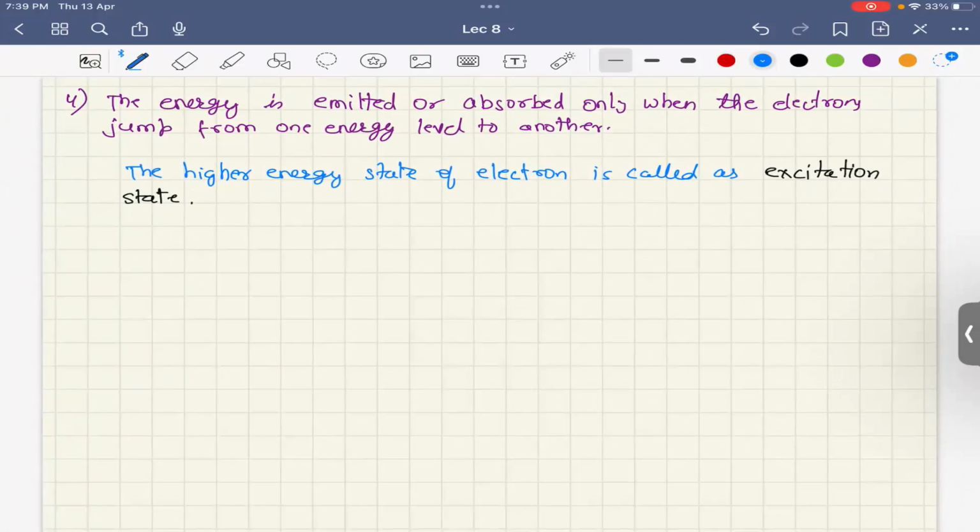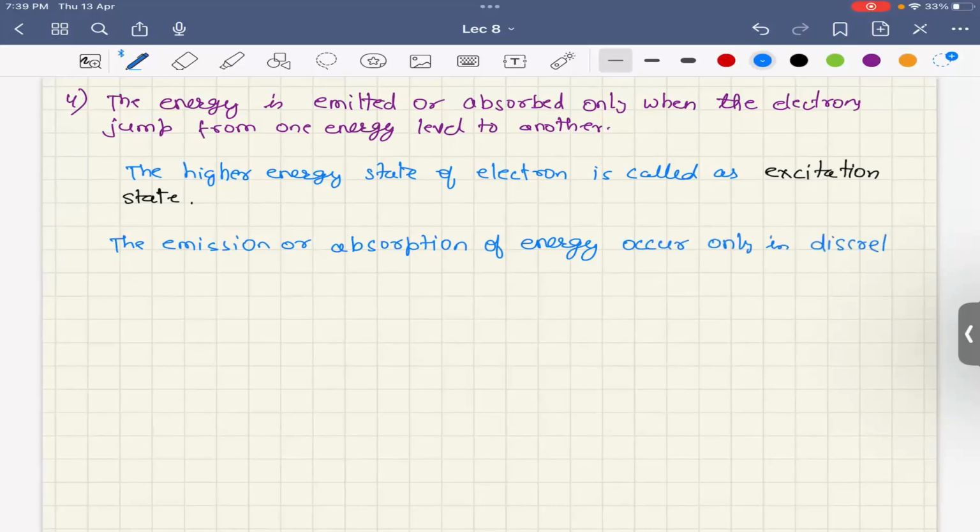This means that the emission or absorption of energy occurs only in discrete values.